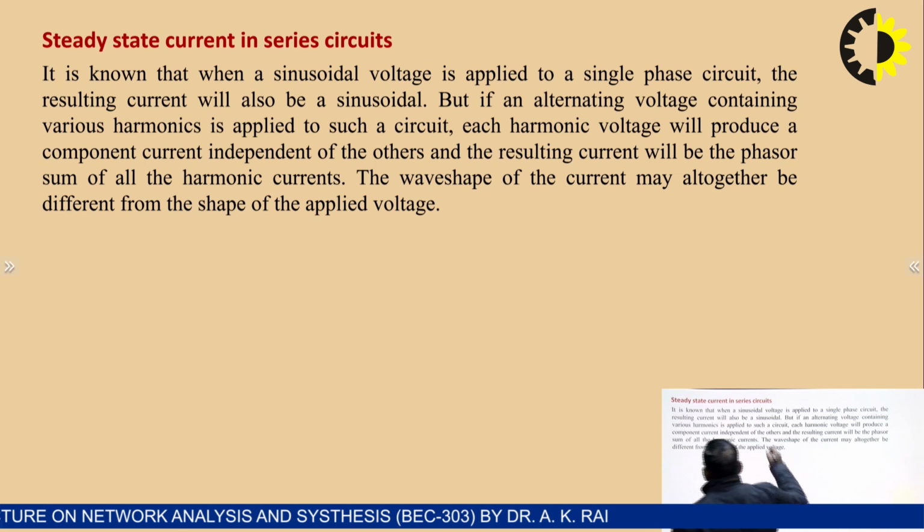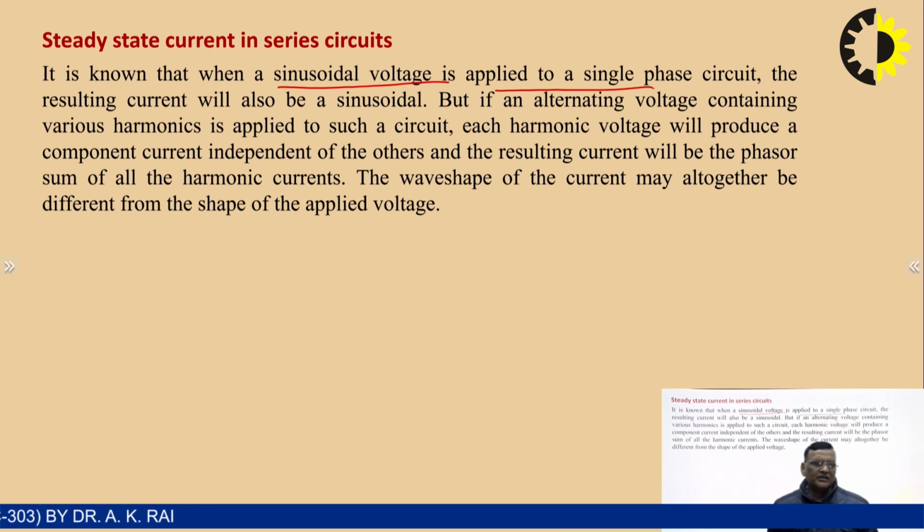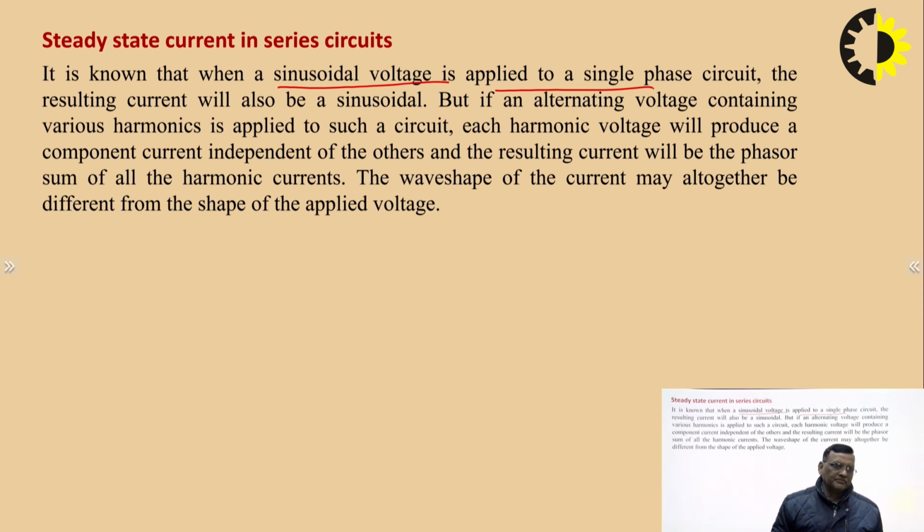When the input is purely sinusoidal, it means a single frequency, constant magnitude wave, so the resulting current will also be sinusoidal. But in the case of non-sinusoidal input, the resulting current will contain some harmonic components, because the input itself has some harmonic components.